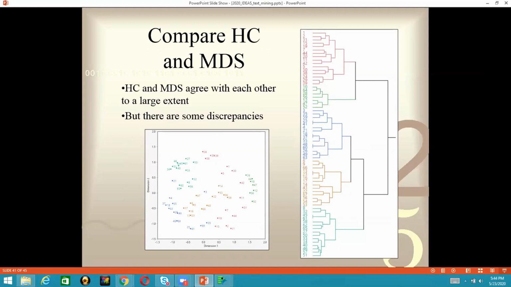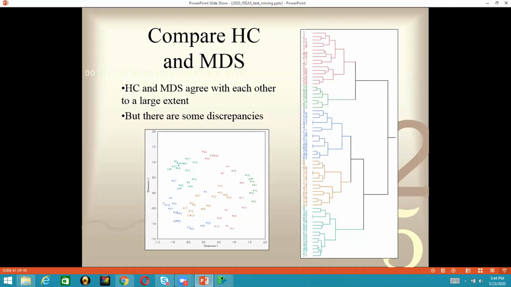Now I compare them side by side, and in most cases they agree with each other. But there are some long-range points that don't belong here. There are some discrepancies.